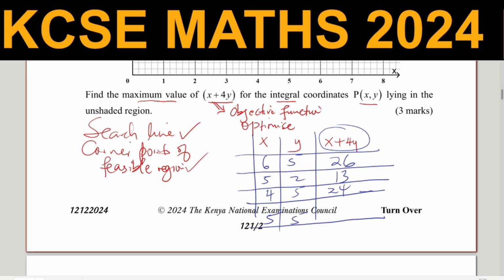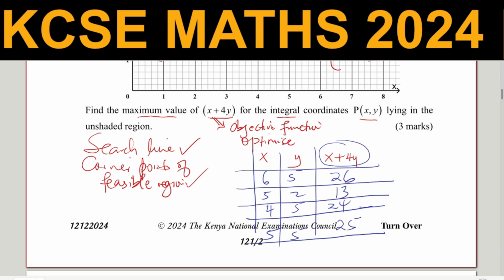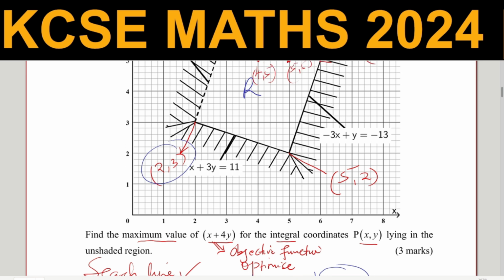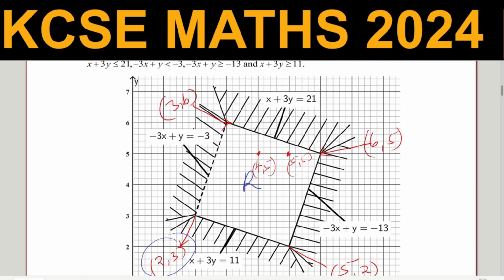And then (5, 5), these will be 5 plus 20, that will be 25. So now, having tested those 4 points, the one that gives the maximum value will be the solution. I've tested the 2 corner points, and then 2 other points inside there, (4, 5) and (5, 5).